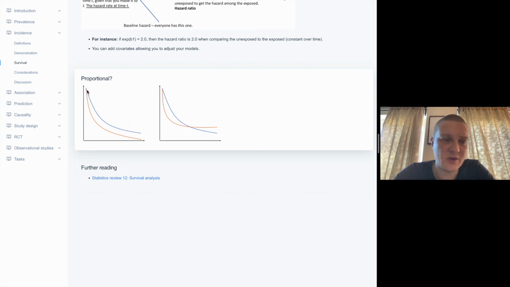These are survival curves, and you can see they have the same speed down, or the rate at which they differ stays the same over time. Is this proportional? Probably not. If you're plotting the Kaplan-Meier curves and you get something like this, you might wonder if the proportional hazard regression is the correct model. And in this case, it might be.